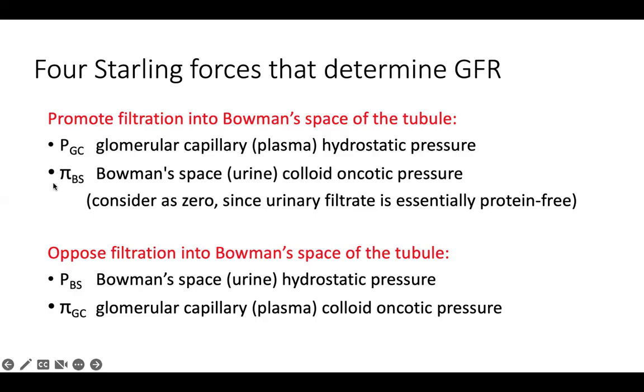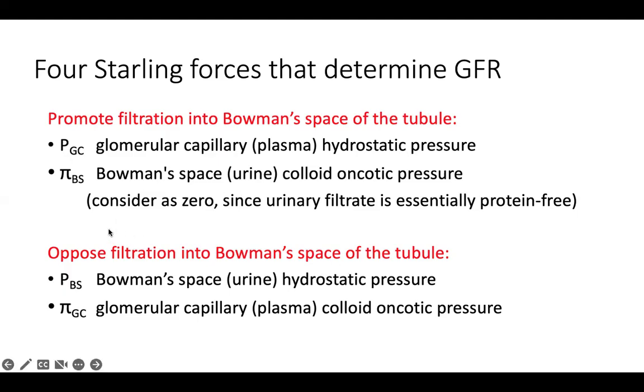So colloid oncotic pressure in the Bowman space, pi BS, is also going to be drawing fluid into Bowman space. However, this is considered to be 0 for this component because the urinary filtrate is essentially protein-free in a healthy individual where the glomerular barrier is intact.